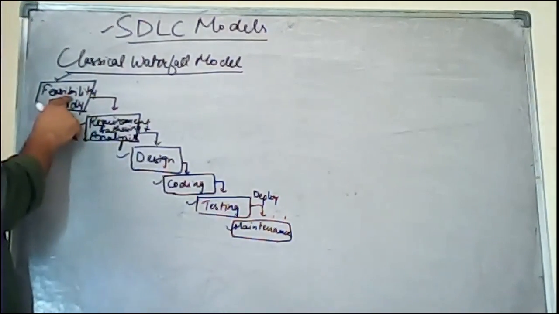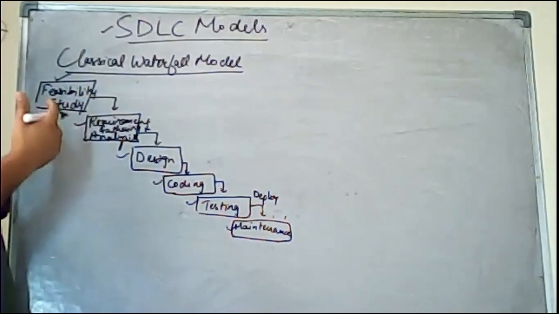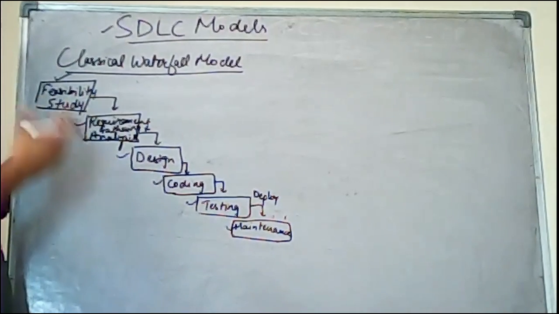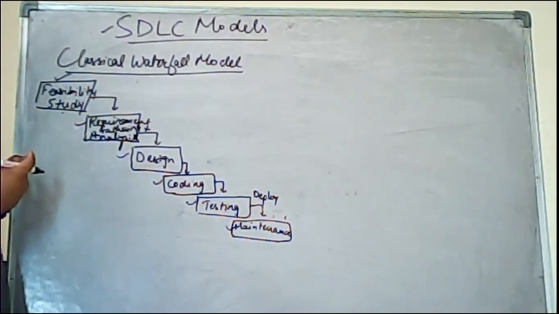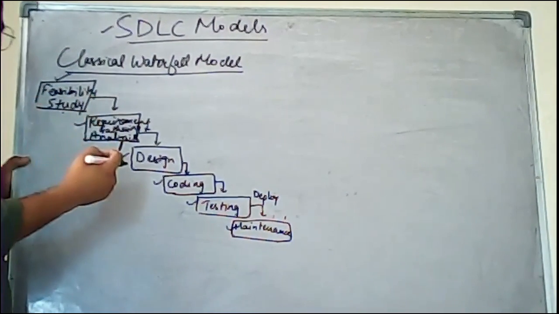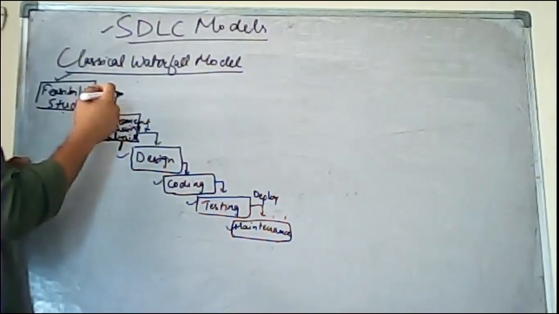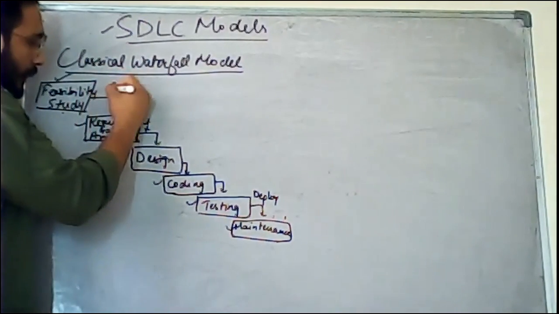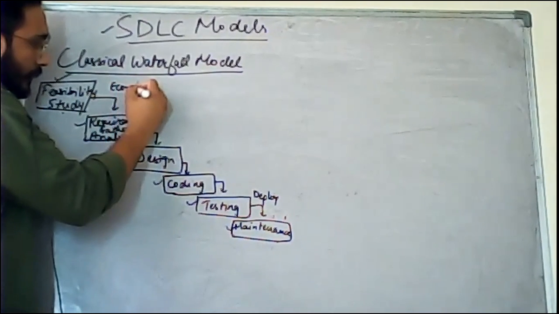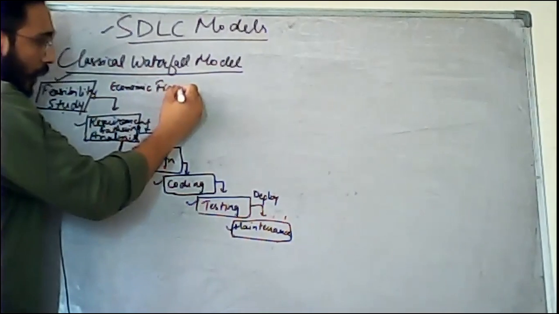The first phase is your feasibility study. What does this mean? Feasibility study means we have to study, as a team manager or software manager, whether I can develop that project economically. The product I am developing, is it economically feasible or not?